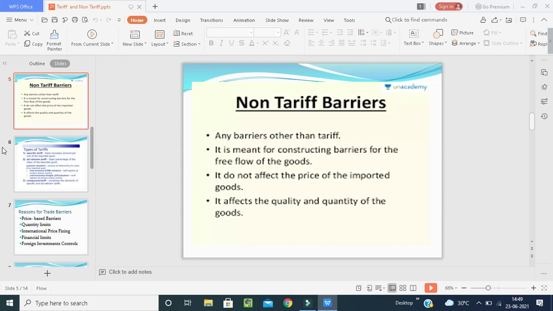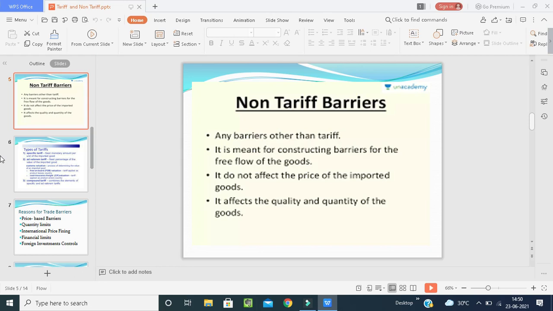So any barrier other than a tariff is meant as a restriction on the free flow of goods. The main intention is that the barrier does not affect the price of the imported goods.